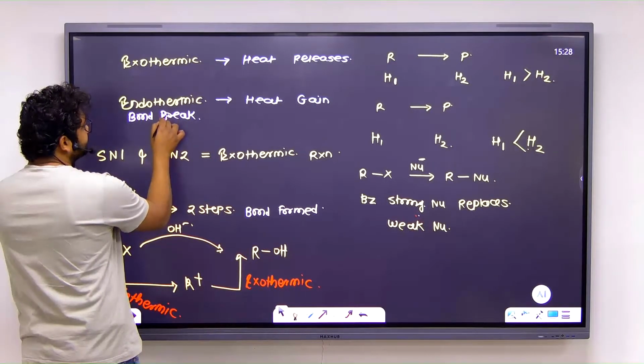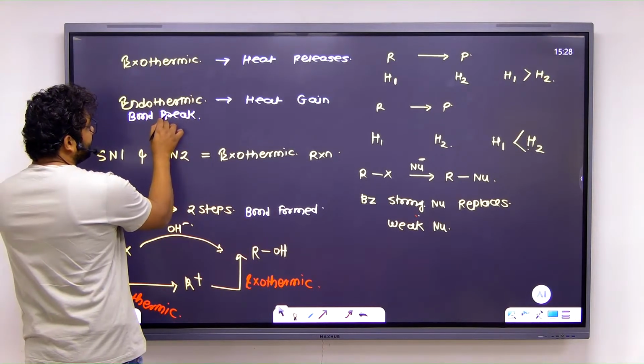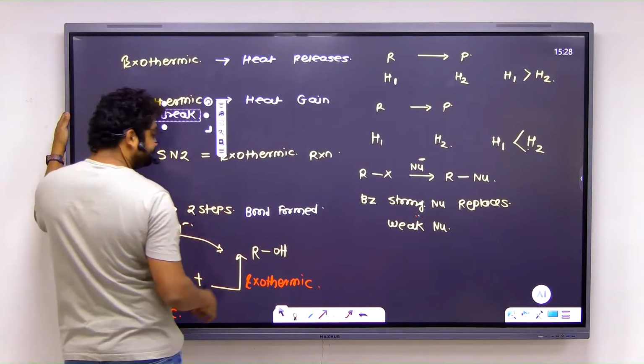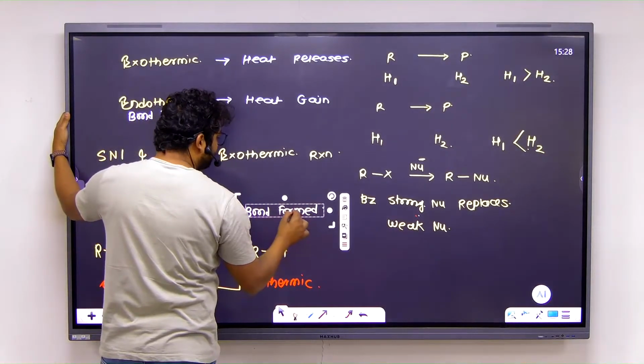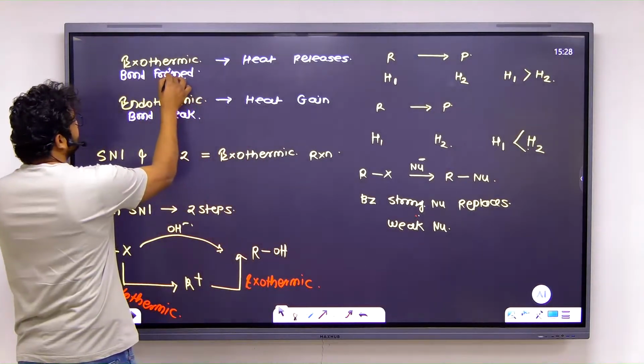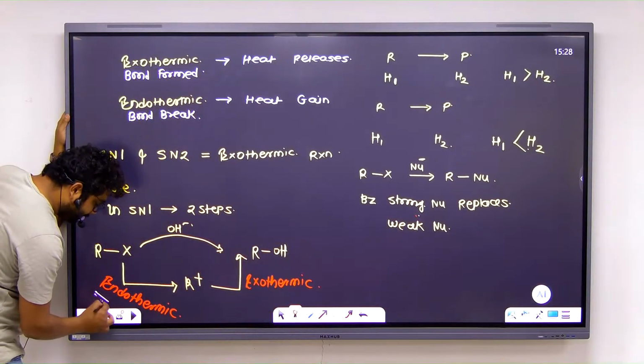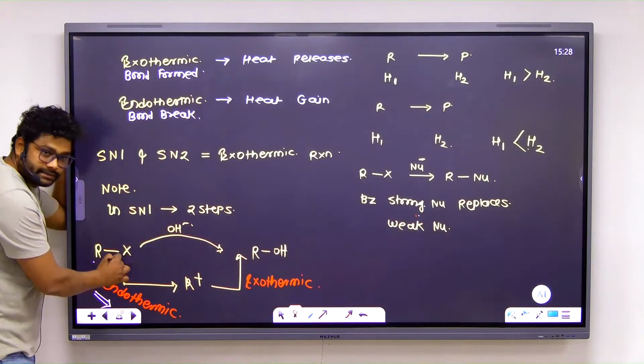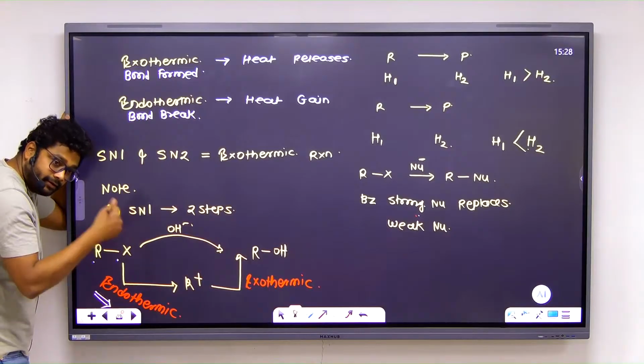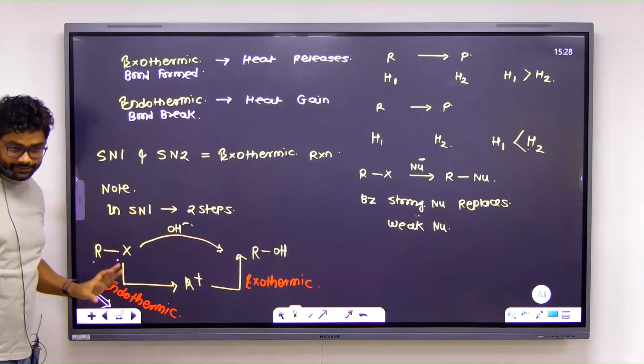Bond breaking is endothermic, energy gain, and bond formation is exothermic. This is endothermic because Rx does this on its own.